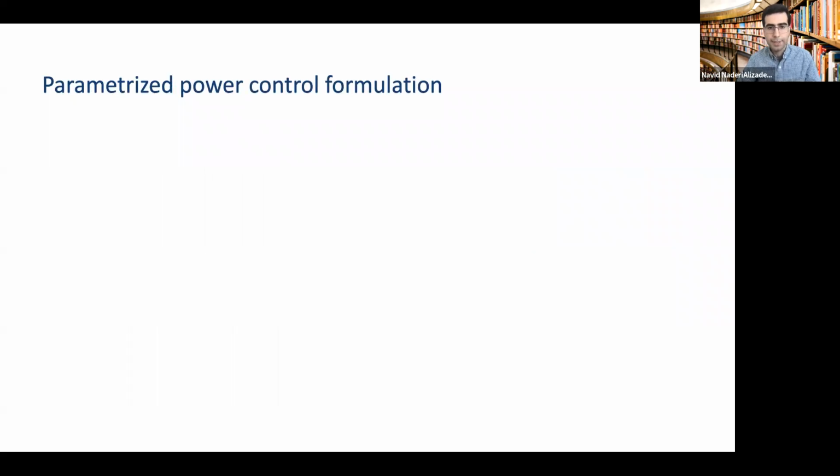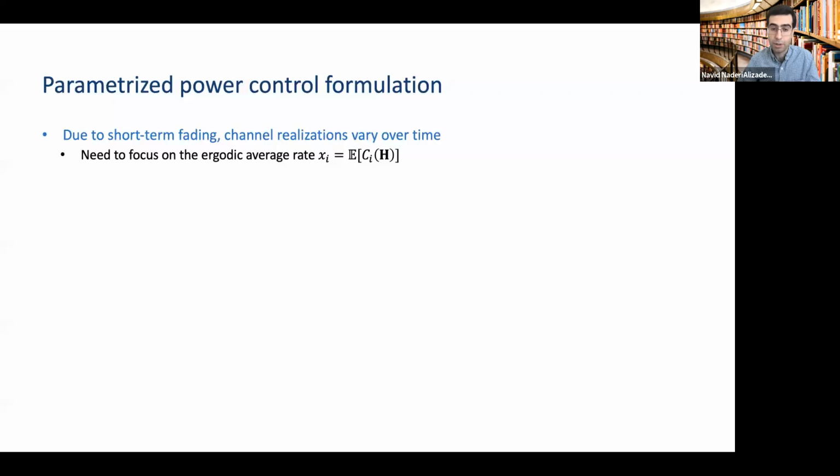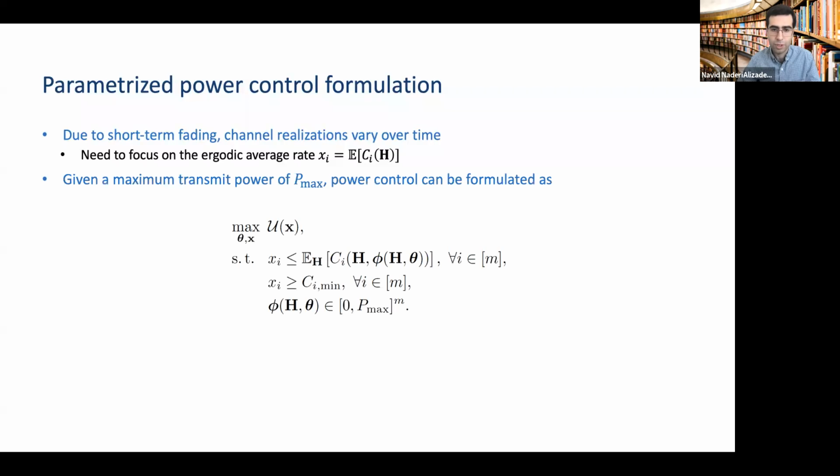So here what we wanted to do is a parametrized power control formulation. We have short-term fading, of course, as we had all over the talk. So here we really need to focus on the ergodic average rate of the users across time because of the channel variations over time.